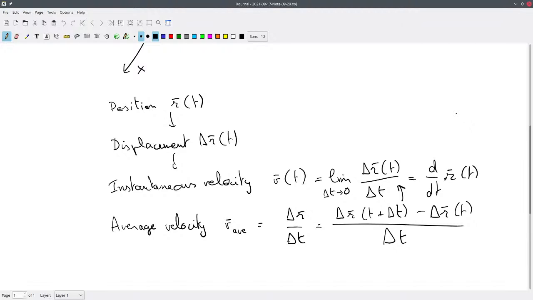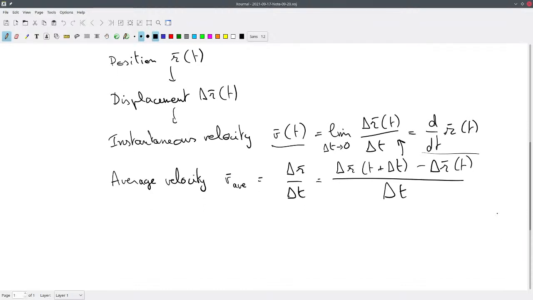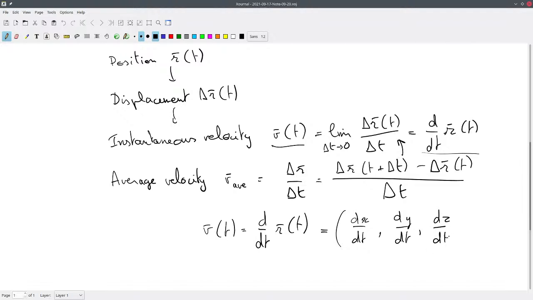So all of this is very similar to what we've seen before in one dimension. The only difference might be that here our vector v is the derivative of a vector. Now the derivative of a vector, if this is d dt of r of t, that is just a vector that has as the x component dx dt, as the y component dy dt, and as the z component dz dt, right?